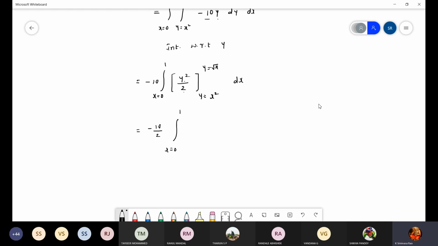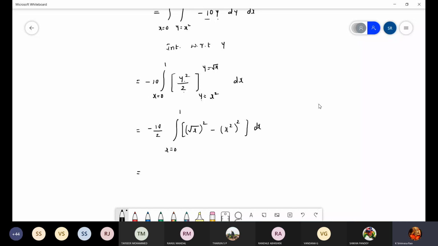Because already 2 I took outside. So y square, apply the upper limit and lower limit. The upper limit is y equal to root x, therefore you will get root x whole square. Upper limit minus lower limit, put y equal to x square. That means x square whole square, because I am substituting into y square. For this you have to multiply dx.